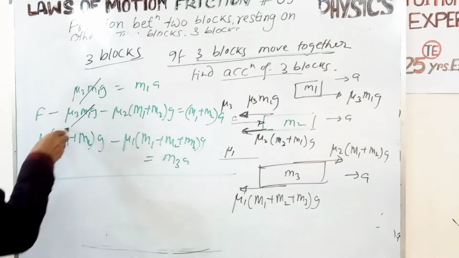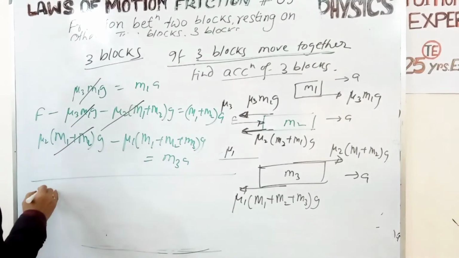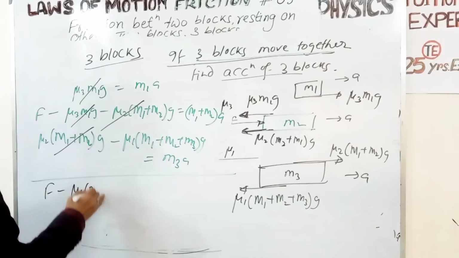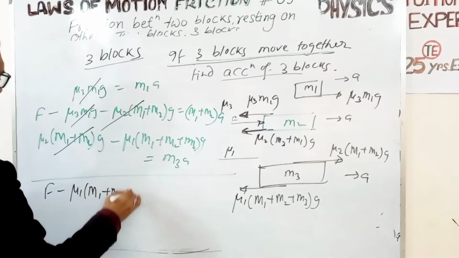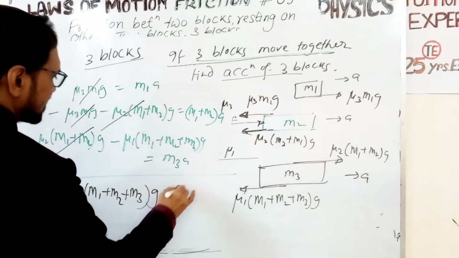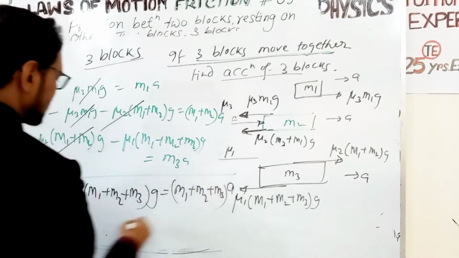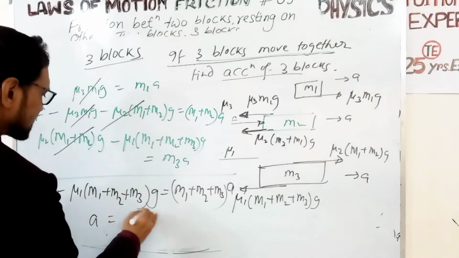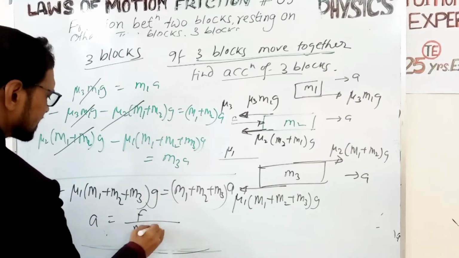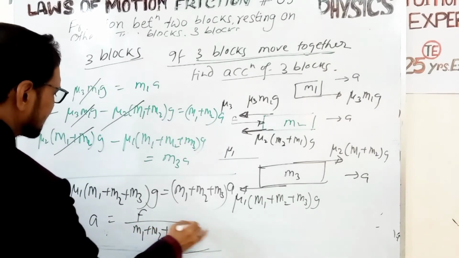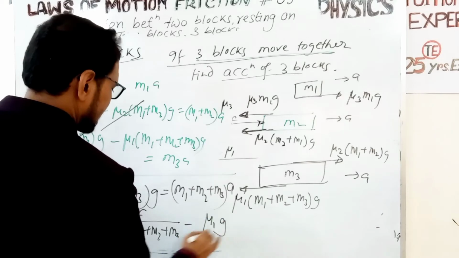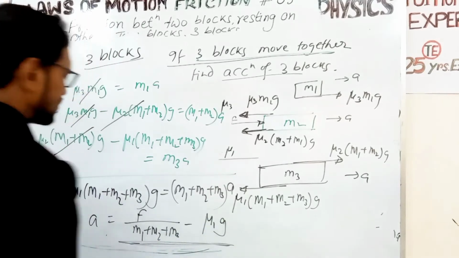So this cancels, this cancels, so F minus mu1 (m1 plus m2 plus m3) g, so A equals F by this, minus mu1 g.